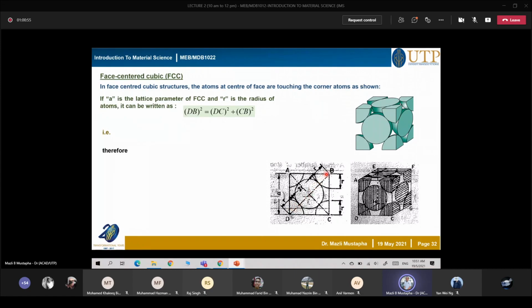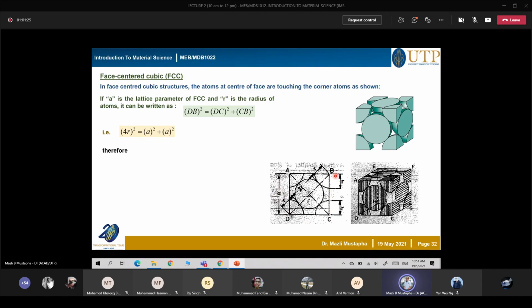I think we get 4R here. So DB squared, we look at this triangle: DC squared plus BC squared. Then 4R squared, and DC is A because this is the length of the unit cell.